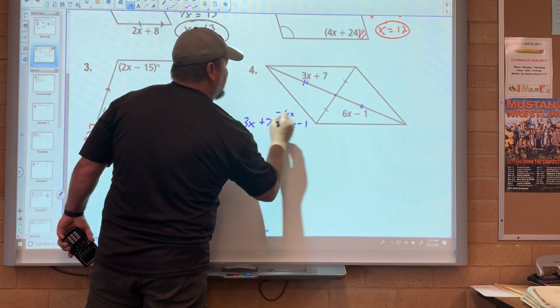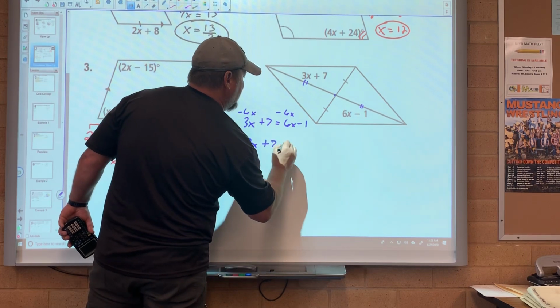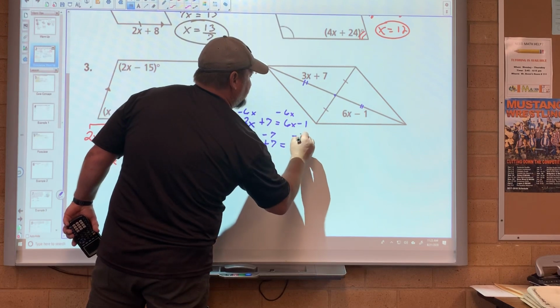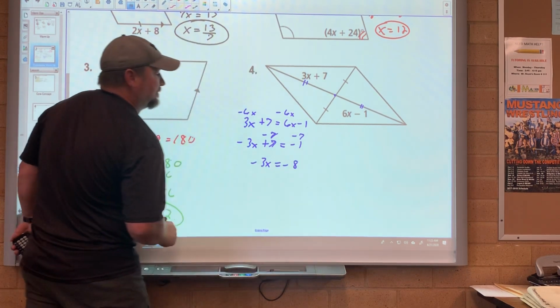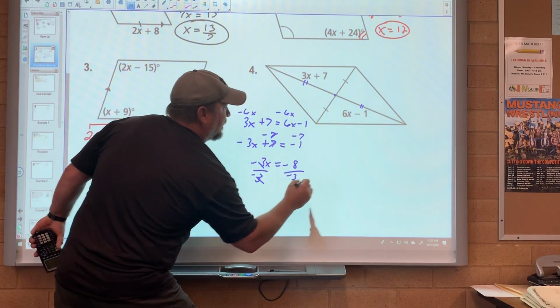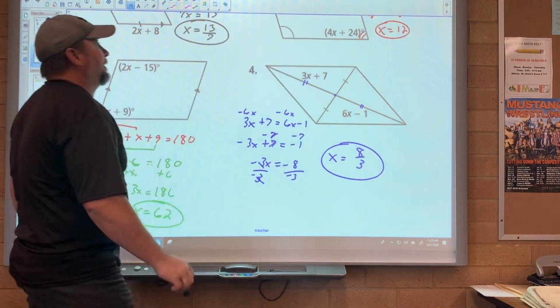Just minus the 6x, that's negative 3x plus 7 equals negative 1. Oh, minus the 7, negative 3x equals negative 8. Divide by the negative 3, and x will equal positive 8/3. We'll just leave it like that, okay?